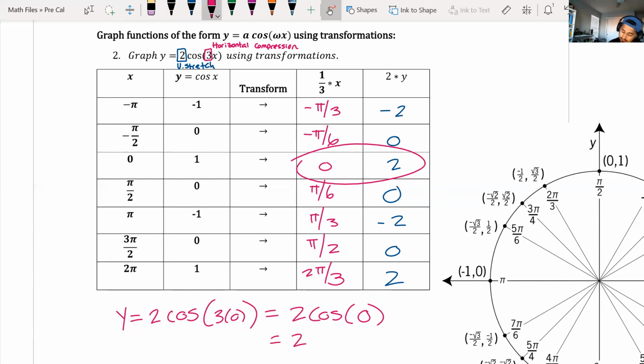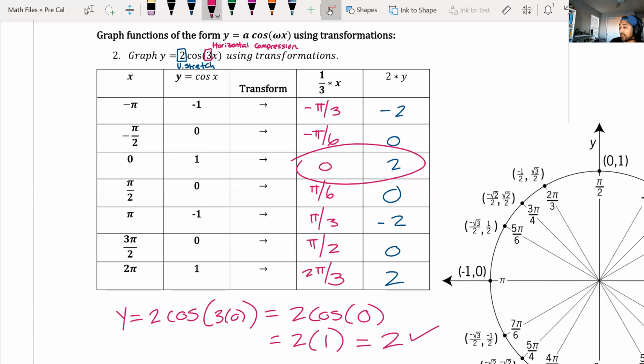Remember, cosine relates to x. One. And therefore, we'd get 2, which means that when I plug in 0, I get an output of 2.